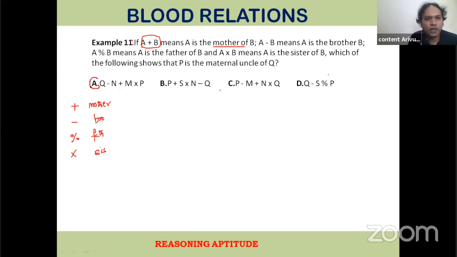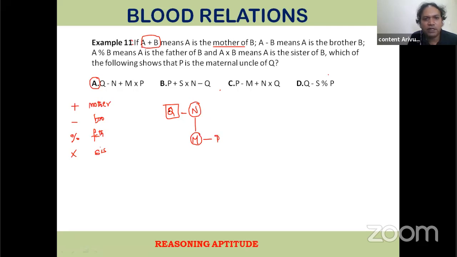Look at answer option A. Q dash N. Q is brother of N. N plus M. So N is mother of M. And M cross P. M is sister of P. Now, P is below Q in relation, right?